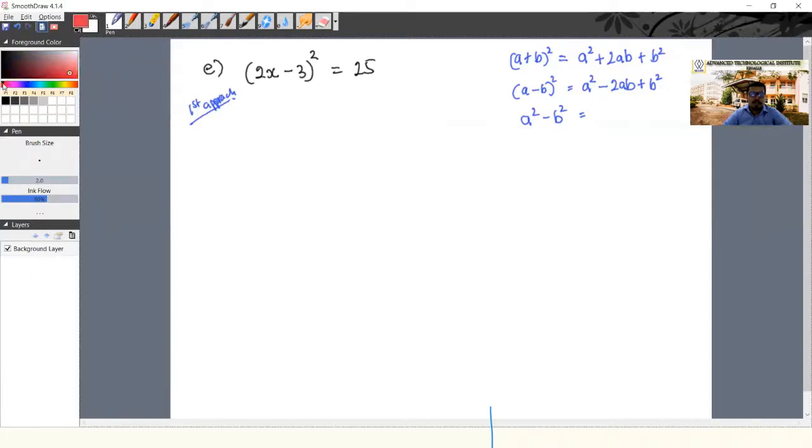A squared minus b squared can be rewritten as the difference between two squares: a plus b, a minus b.